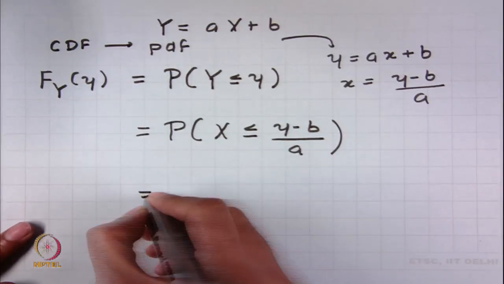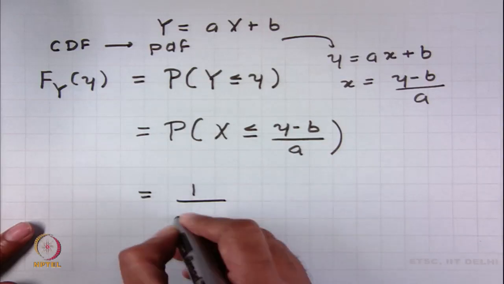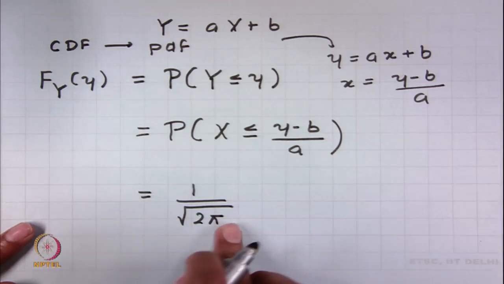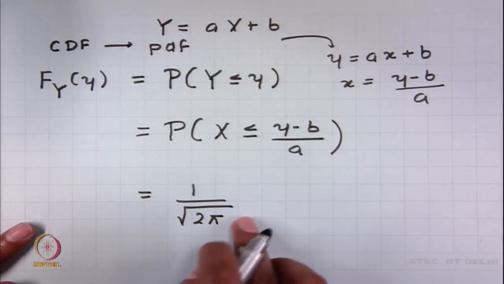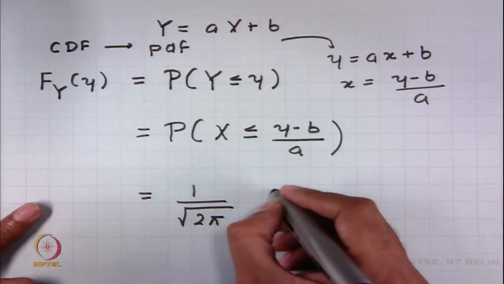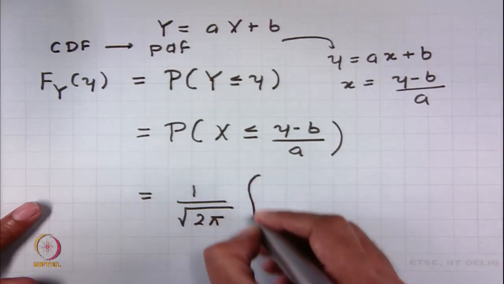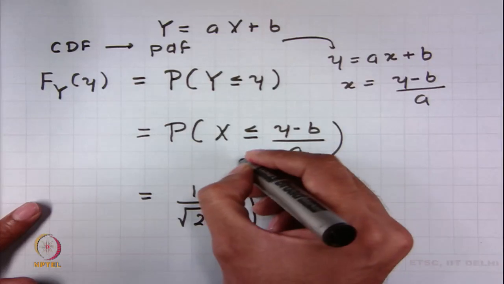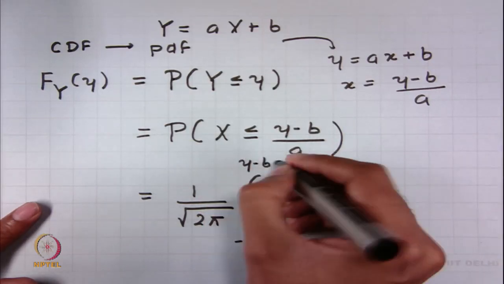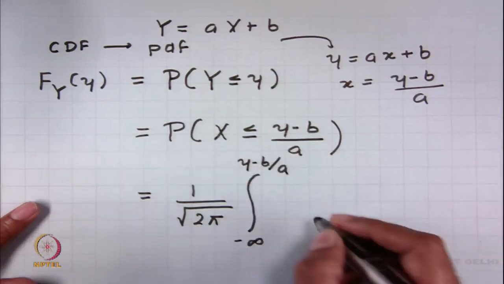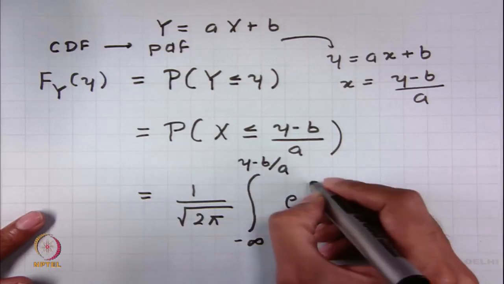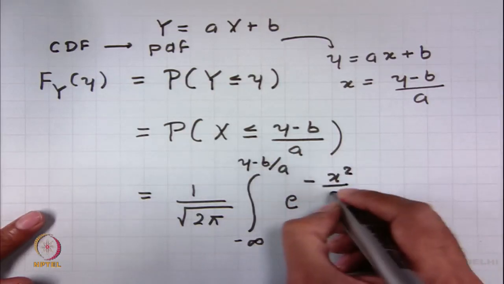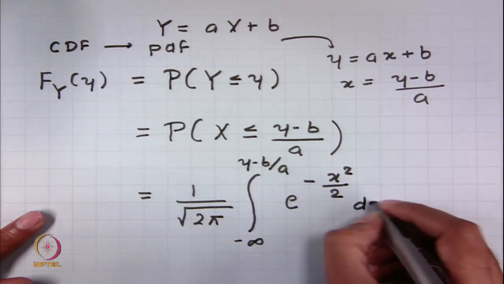So, let us write this probability, and the variance is 1. So, I do not have any sigma square here. It will go from minus infinity to (y minus b) by a, and this is e to the power minus x square by 2 into dx.